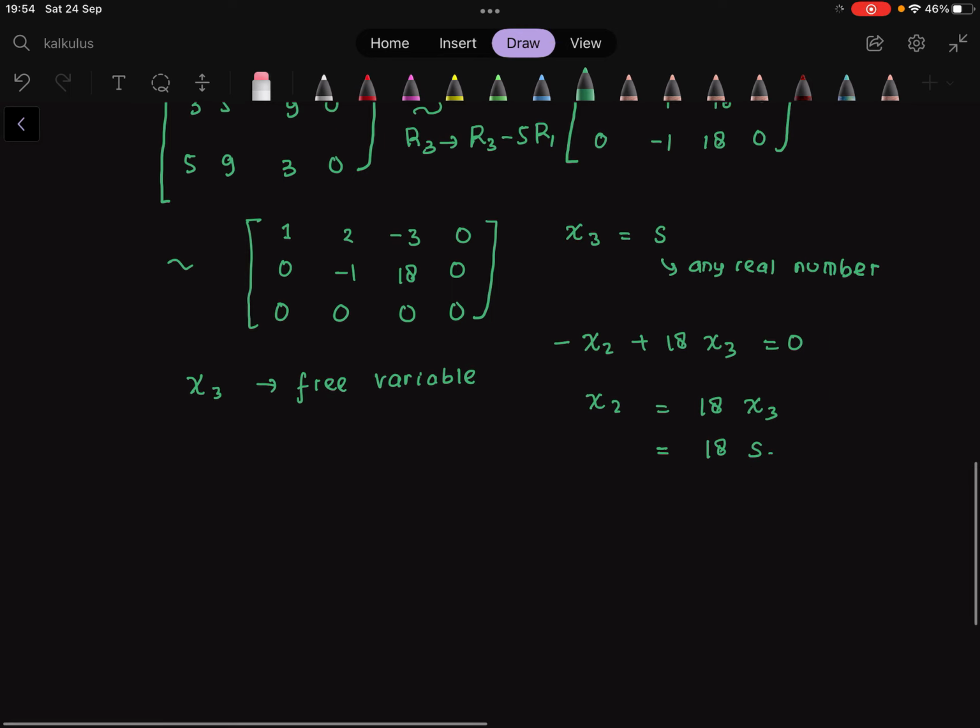Then we go to the first equation: x1 + 2x2 - 3x3 = 0.